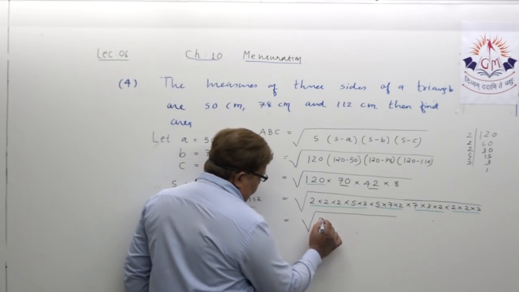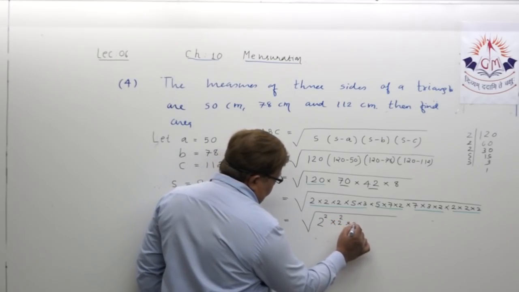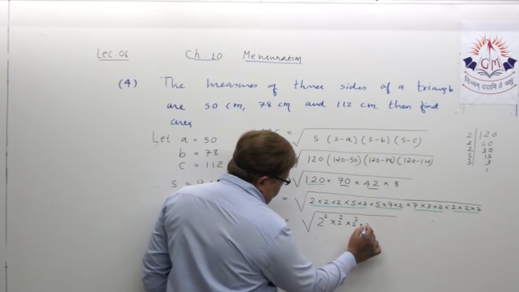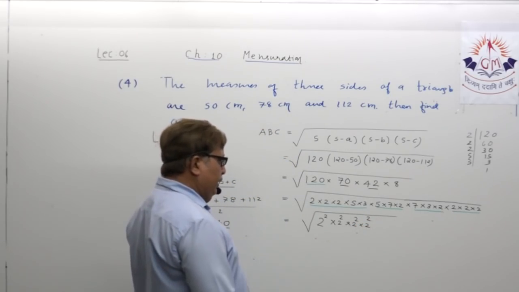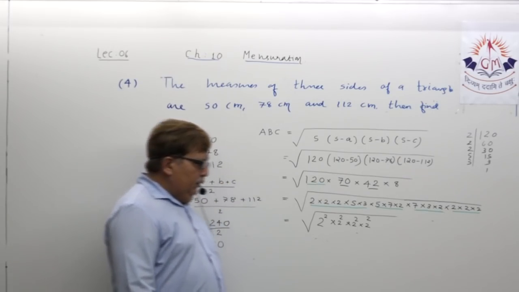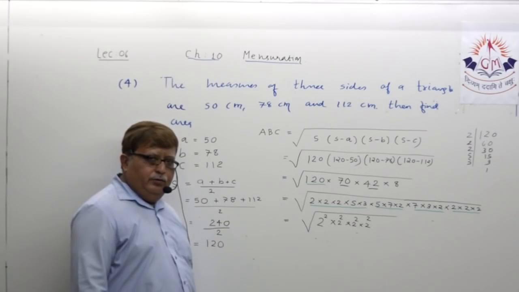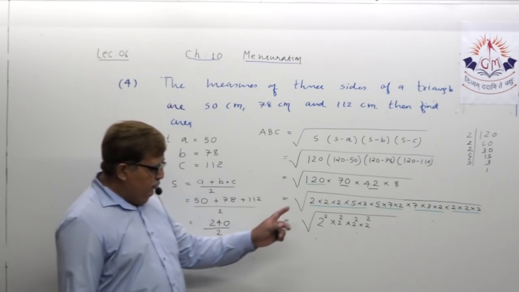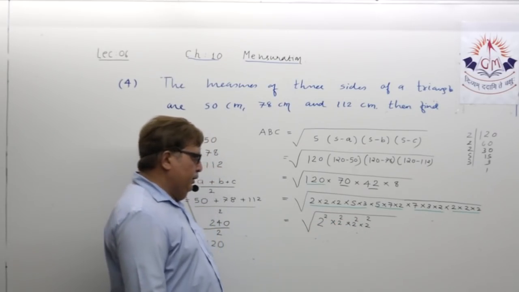So making the pairs, 2 square into 2 square into 2 square into 2 square. 4 pairs of 2 we could make. Understood?